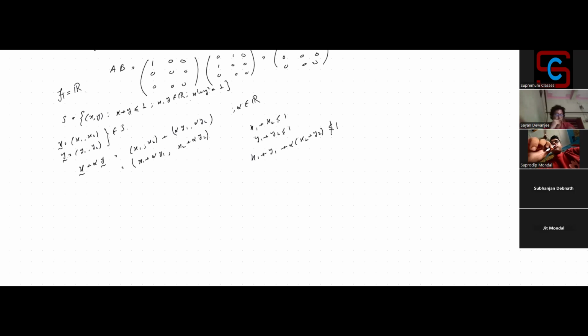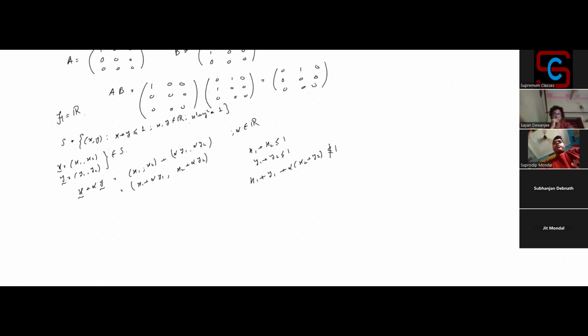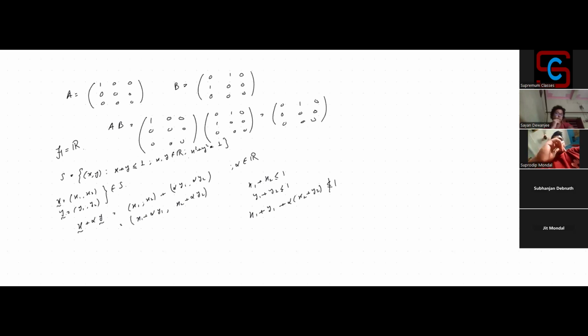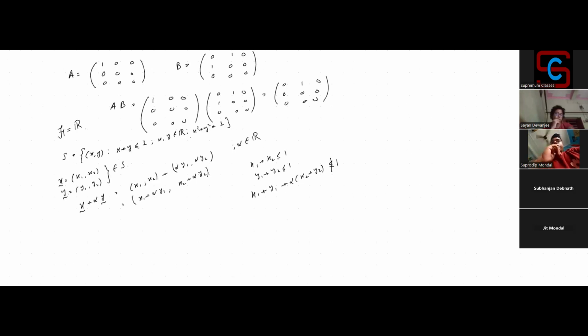Okay, then will it be a vector space or not? No, it will not be a vector space. Okay. But do you need so much work to say this? Can you say something in one line?